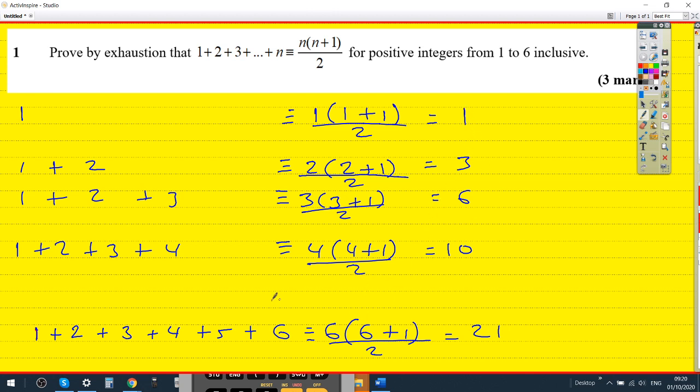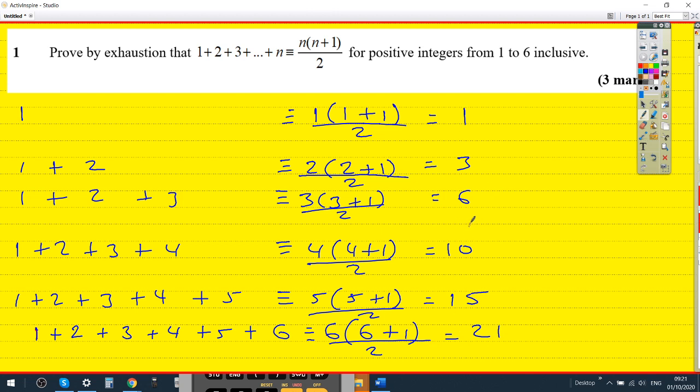For 5, I do 1 plus 2 plus 3 plus 4 plus 5 is the same as 5 times 5 plus 1 over 2, and that's 15. And then we did 1 to 6, and we got 21.